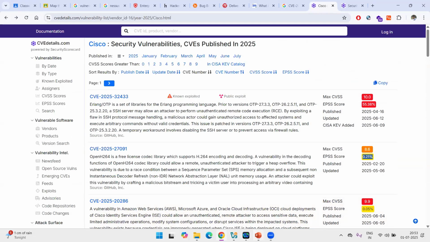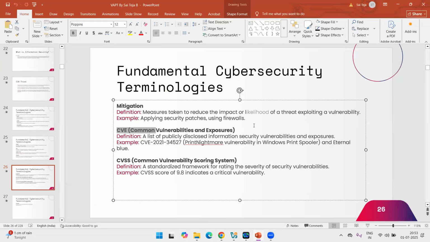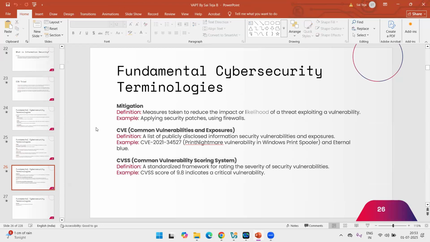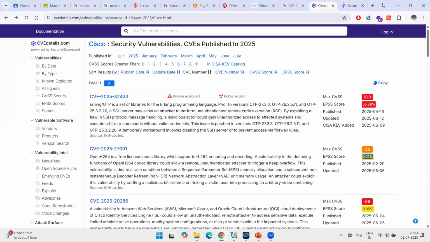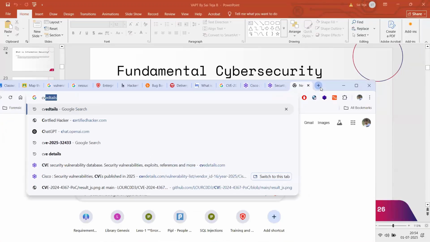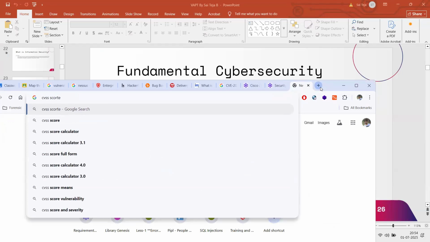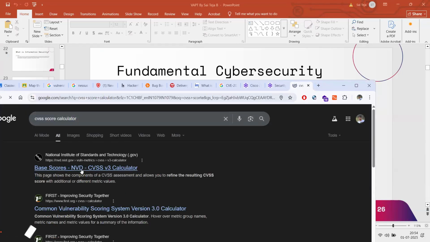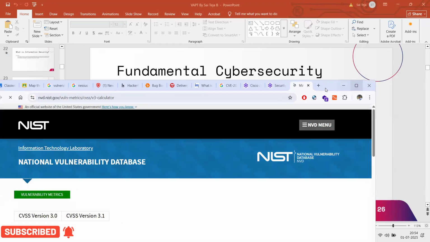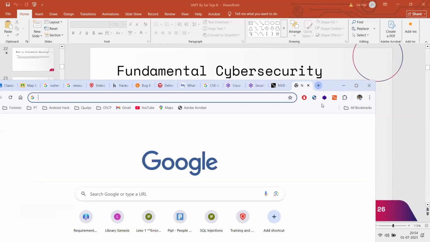Clear? What is meant by CVE and CVSS score? This is how it looks when I say CVSS score. We can also calculate the CVSS score by going to first.org, if you have time.